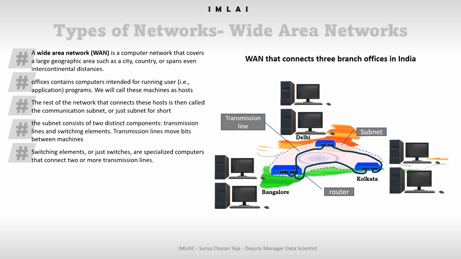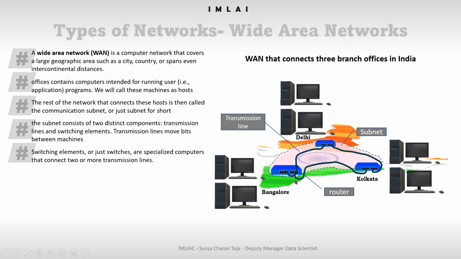Most companies do not have transmission lines lying about, so instead they lease the lines from a telecommunications company. And the other component of a subnet is the switching element.